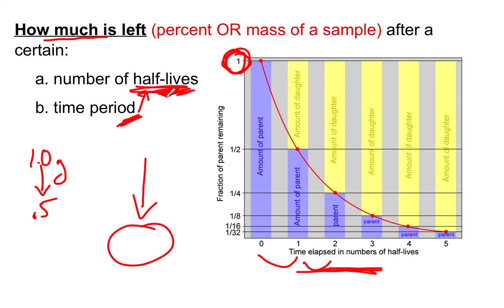Now the problem's going to give you half-lives, which you like, or it's going to give you a certain time period. Then you have to convert to half-lives. And that tells you how many times you want to cut it by 2. Keep dividing by 2, divide by 2, divide by 2, however many times, and that's your final value. And remember, if it gives you percent, you're always going to start with 100%. Assume you have it all at time 0. And if it gives you mass, that's your starting mass. Put that up top, and then just keep dividing by 2.